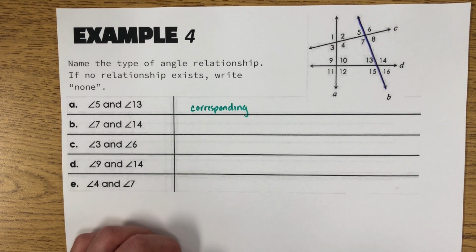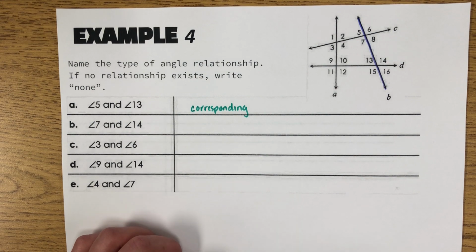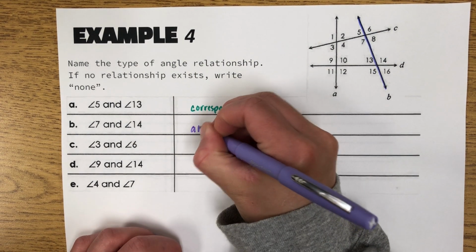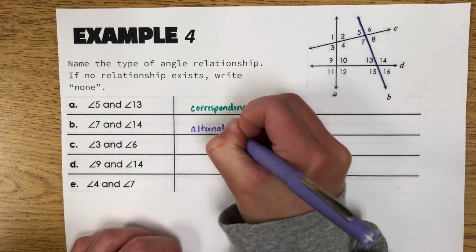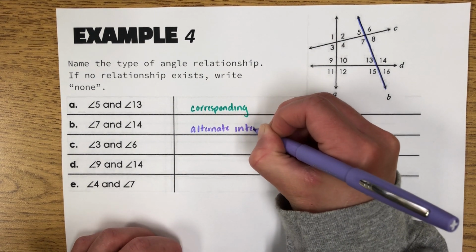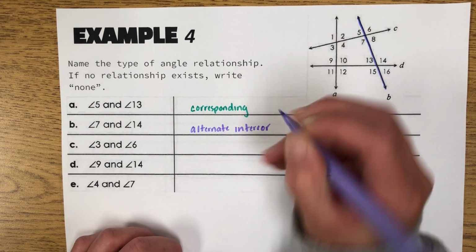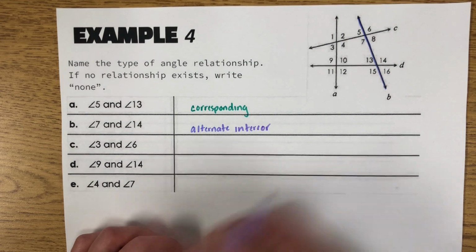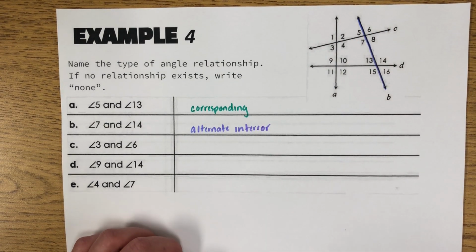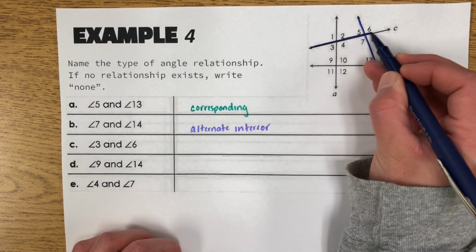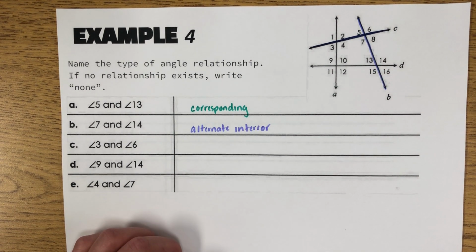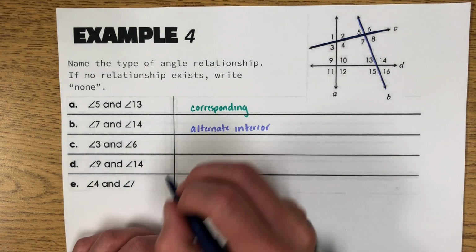So 7 and 14 would be alternate interior. 3 and 6, so our transversal here would actually be this line. So 3 and 6 would be alternate exterior.